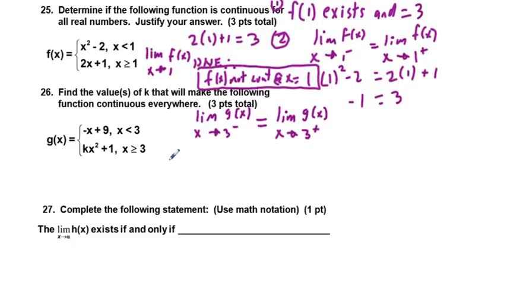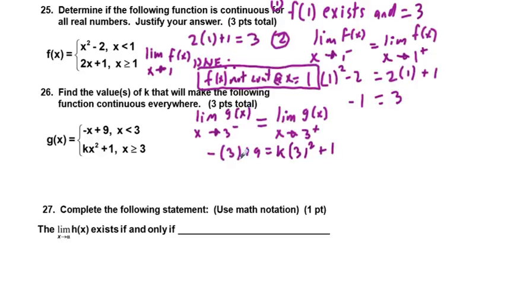And to do this, from the left side, we have negative x plus 9. So on the left side, we're going to put negative 3 plus 9. And on the right side, we have k times 3 squared plus 1.